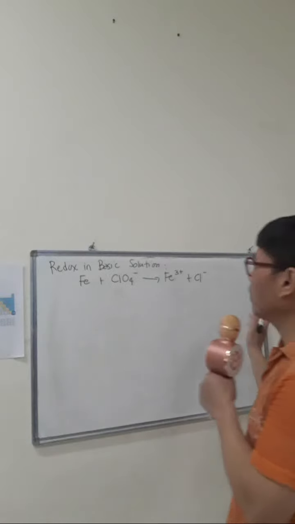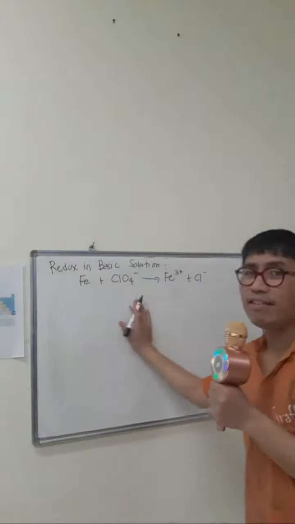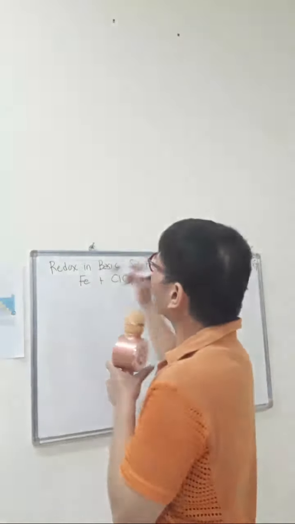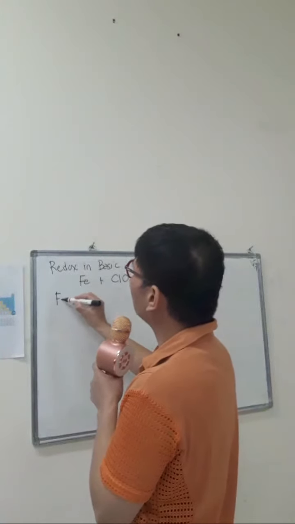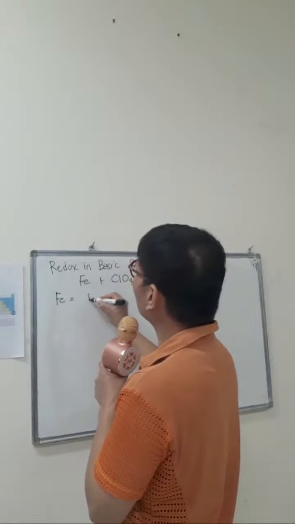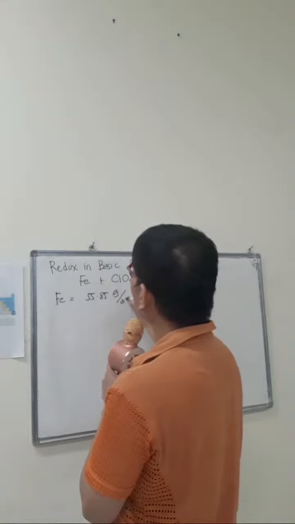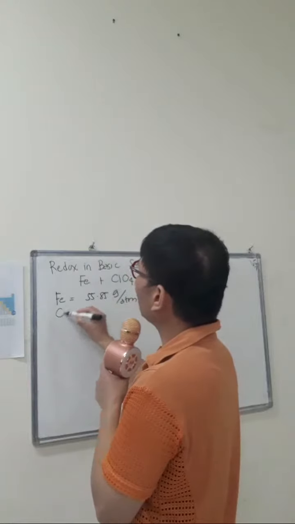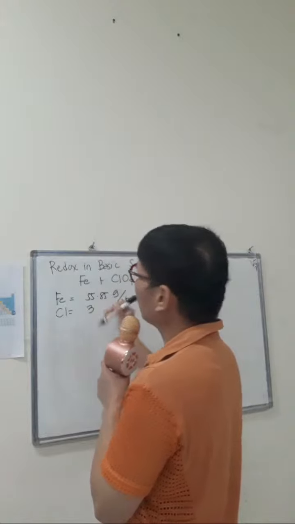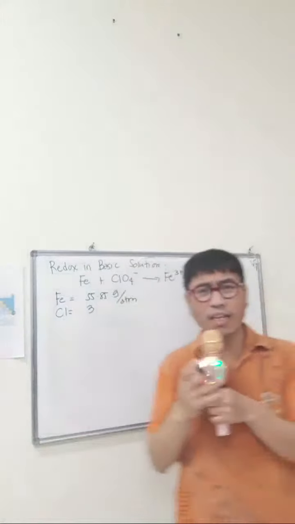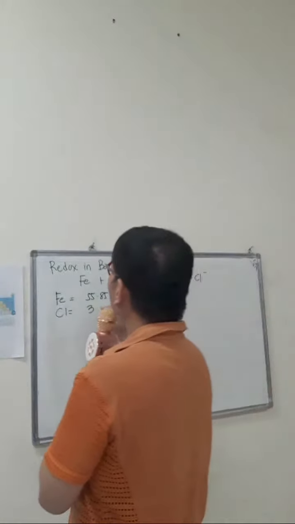Okay, let's start now with these equations. This is reduction, oxidation, in basic solution. Iron atomic mass is equal to 55.85 grams per atom. Chlorine is 35.45.